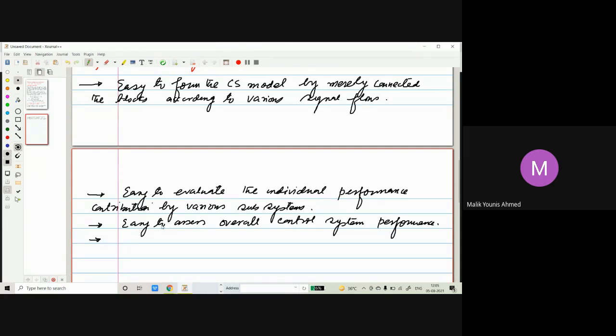Last is that it is easy to examine the functional operation of the control system, rather than examining the physical system. What is the meaning of this?